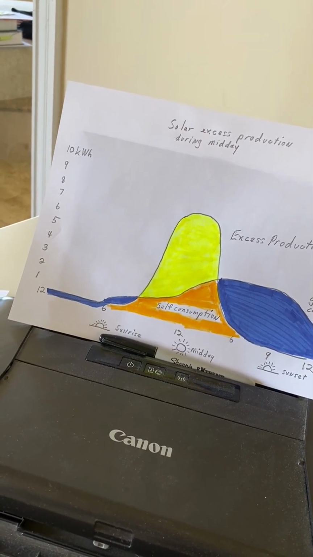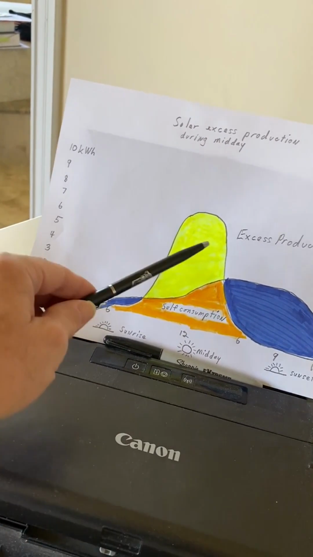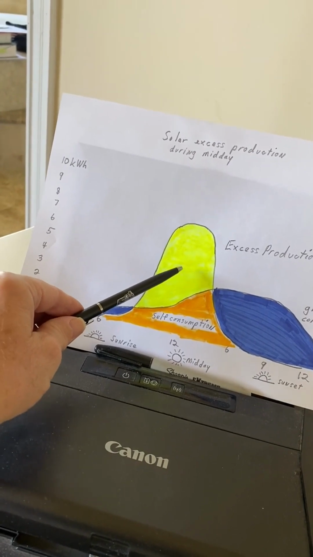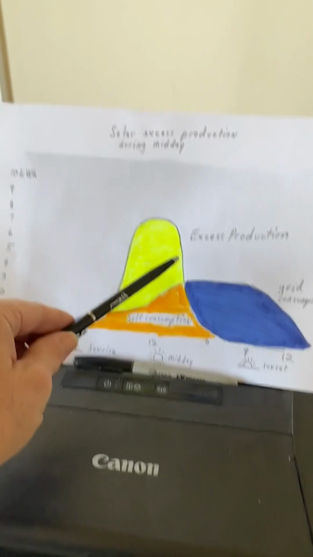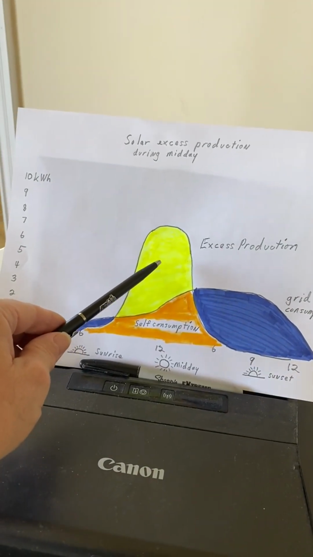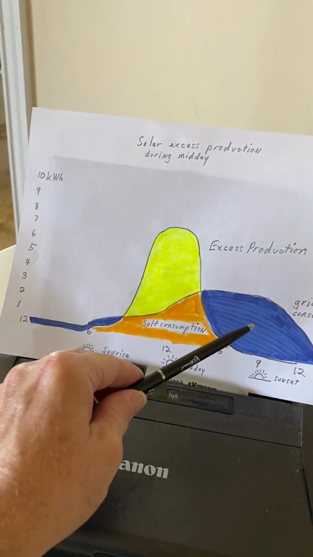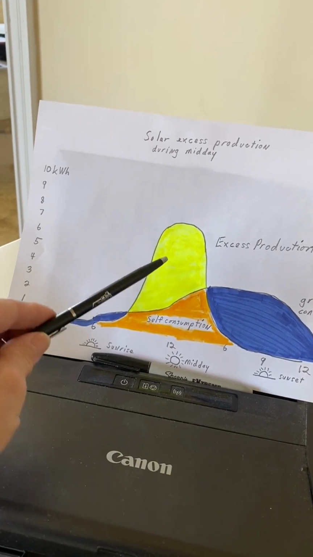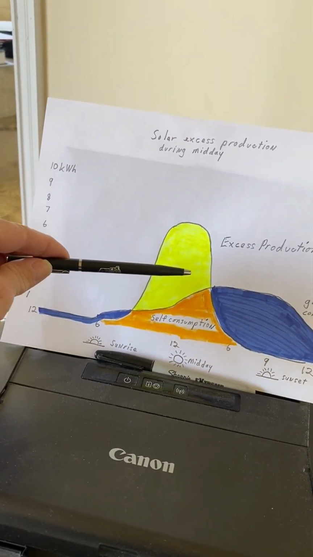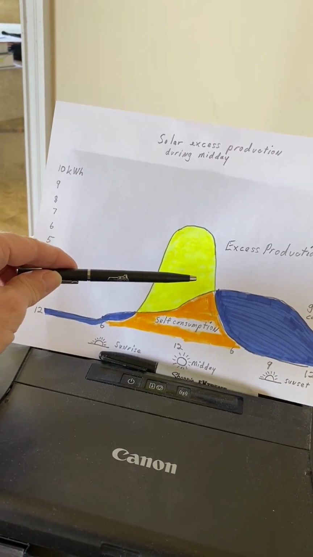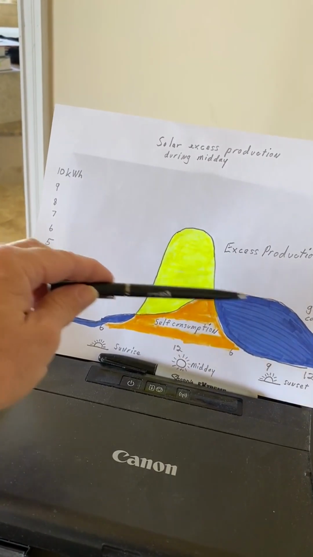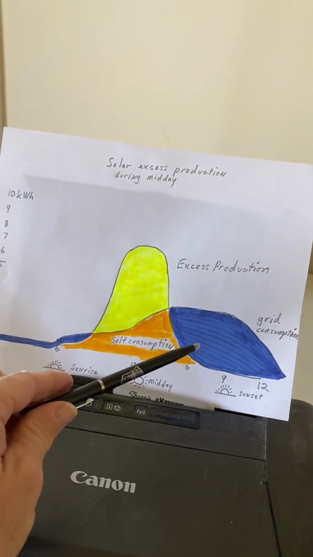So the solution would be to not sell it back to them, but to be able to save it, like saving money. Okay, let's save it from here over to there. You have to store it. Most people think of storing as, okay, let's go get a big battery and put the electricity in the battery, and then over here we can use the electricity.